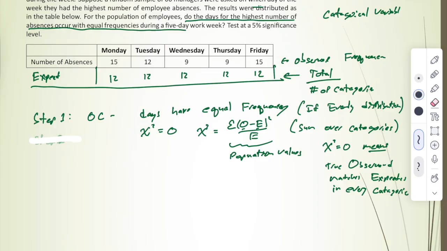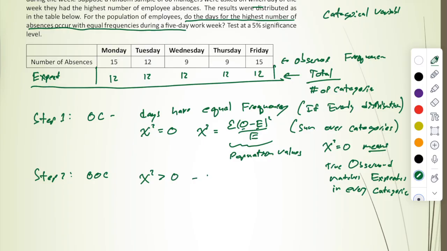Step 2, let me give myself some space here. Step 2, the opposite of the original claim, is much easier to write in math. That would be chi-squared is greater than 0. Remember, I'm not doing not equals to, because chi-squared will never be negative, as that comprehension question asked earlier. And what does this mean?